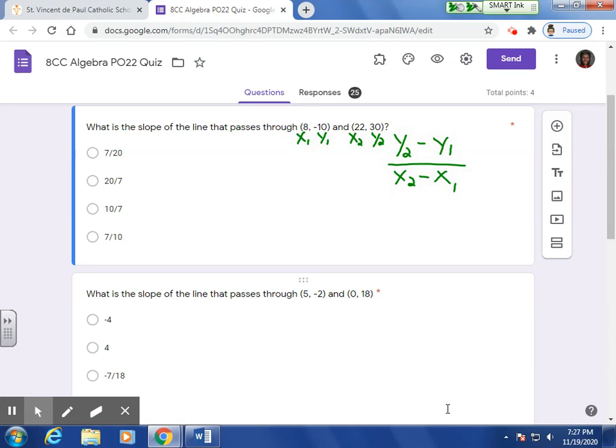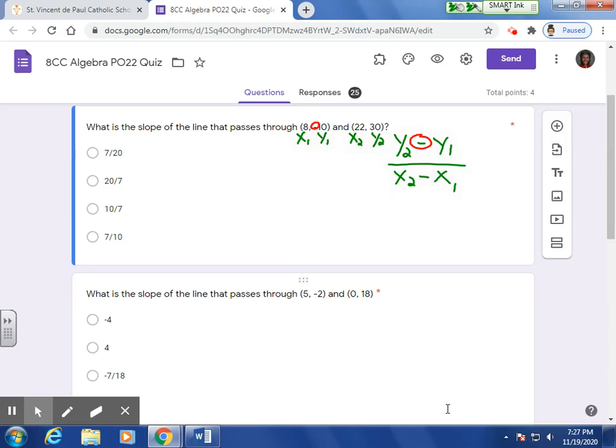And I think if you're making mistakes, either you put your x's on top when they should be on the bottom, and vice versa, or negative signs just tripped you up. Because like we talked about, this subtraction sign, part of the formula, has got to be in your calculation. This negative sign, which belongs to that 10, also has to be a part of your calculation.